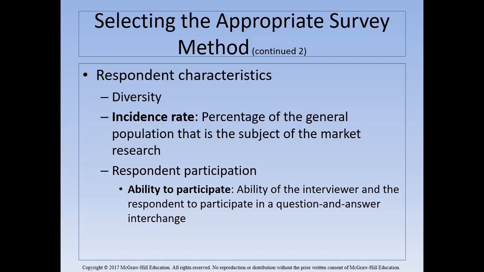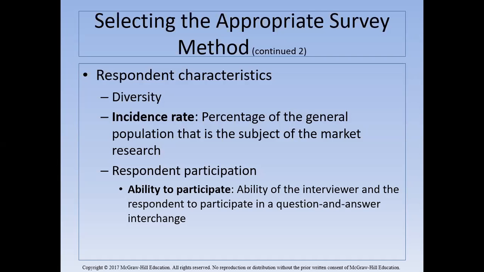Are we covering 10%, 1%, 5%, or 50%? And there is the ability of the interviewer and respondent to participate in the question and answer interchange.